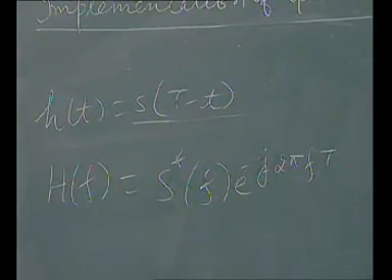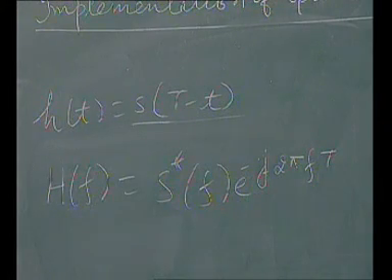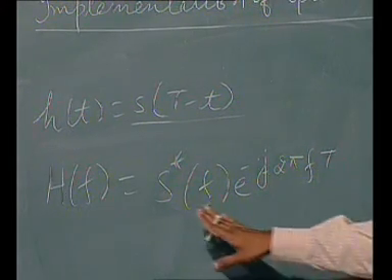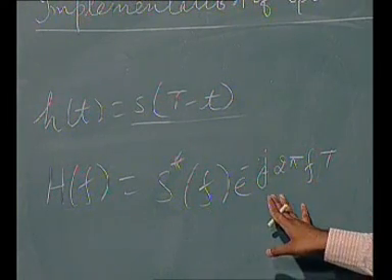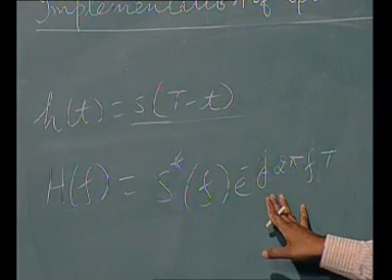If you find the frequency response of h(t), this is a matched filter, you will see it is nothing but the complex conjugate of the signal, phase shifted by e raised to power minus j 2 pi f T.